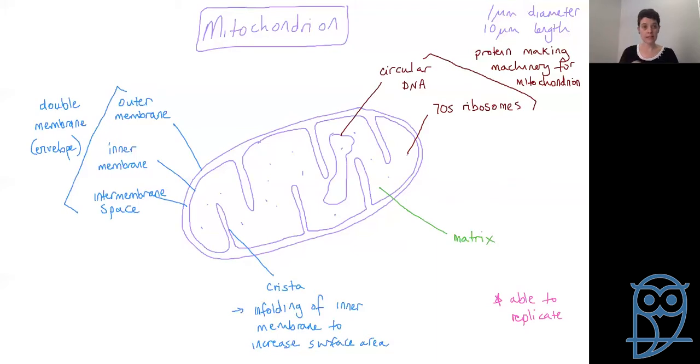The matrix is just the inside space of the mitochondria. Then we've got the circular DNA and the 70S ribosomes contributing to that whole idea of protein making machinery, because everything, remember, is controlled by enzymes, and that includes aerobic respiration. So if we're comfortable with the site of where this is all happening, let us talk about aerobic respiration itself.